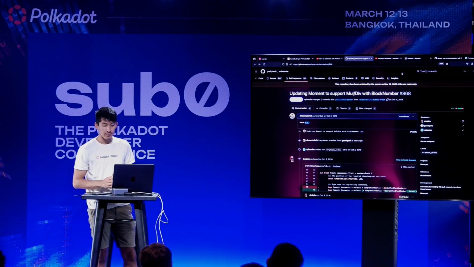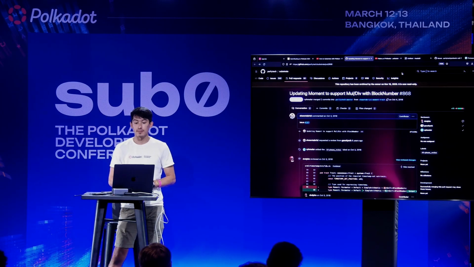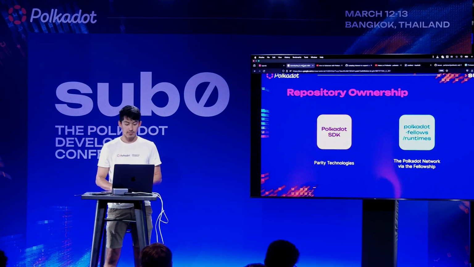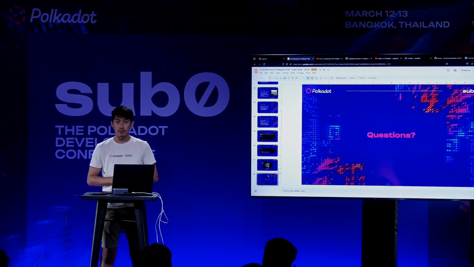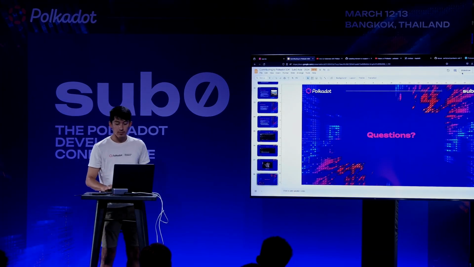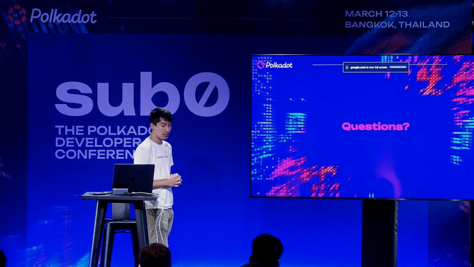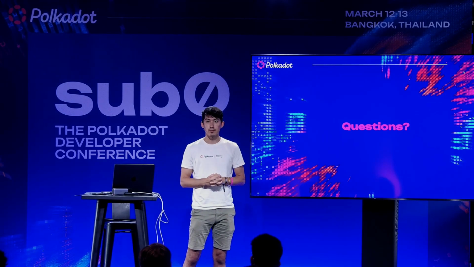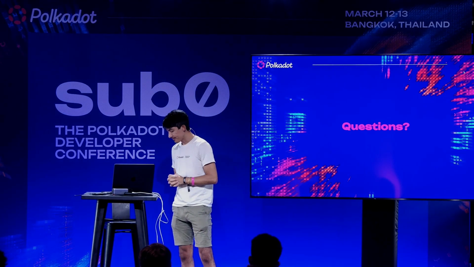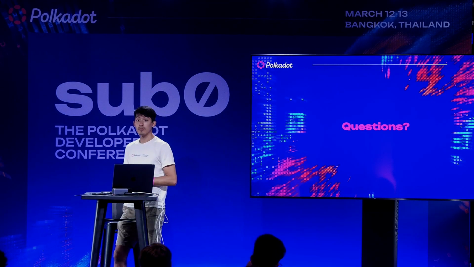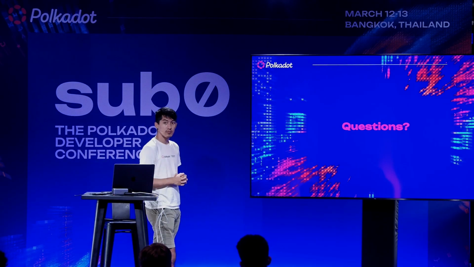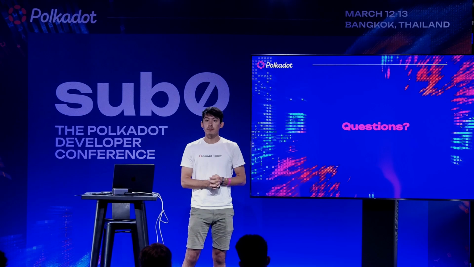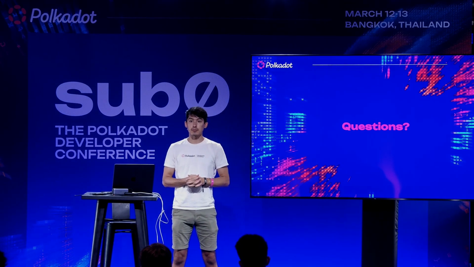Yeah. Hi, Shawn. Yes. There have been cases where I've seen, also by fellows themselves, that it's not clear what the line is between what is RFC worthy and what is not RFC worthy. So let's say we have an idea that could result potentially in some work done on a system parachain, like changing something in an existing system parachain.